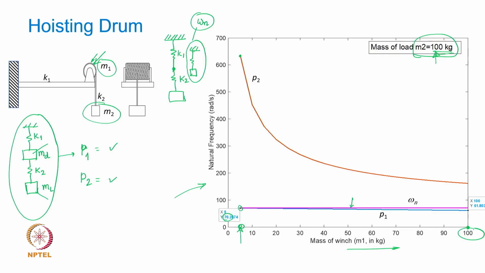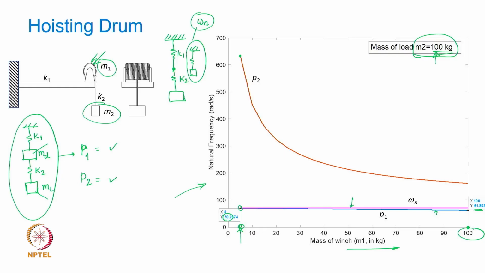Now as we keep on increasing the mass of the drum, the lower of the two natural frequencies slightly drops. So it changes from 70 to 60, 62 or so. So hardly maybe 10% drop in the value of the natural frequency as the mass of the drum keeps on increasing. You bring the mass sizable in its value compared to the mass of the load.